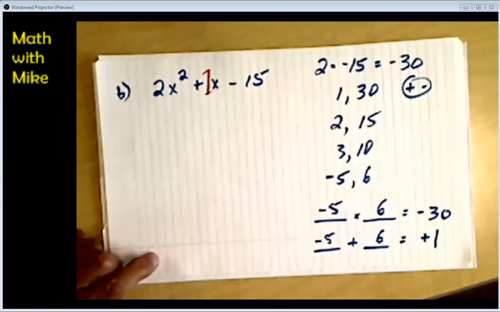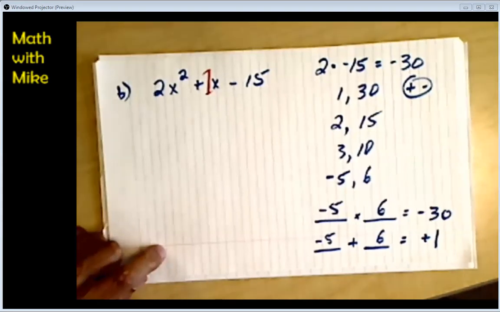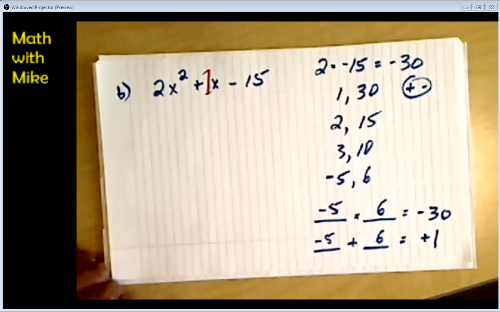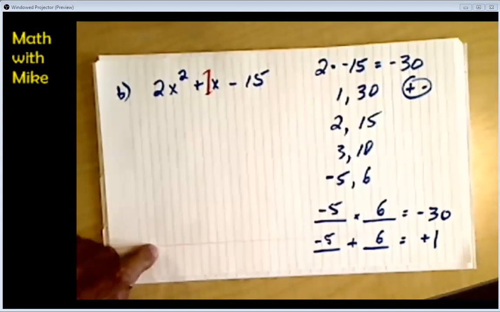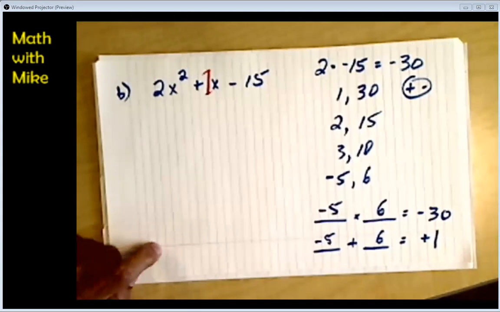Okay, so what do we do with these two numbers now that we found them? They don't automatically go to the answer this time. Well, they didn't last time either. What do we do with those two numbers? Instead of 1, yeah.